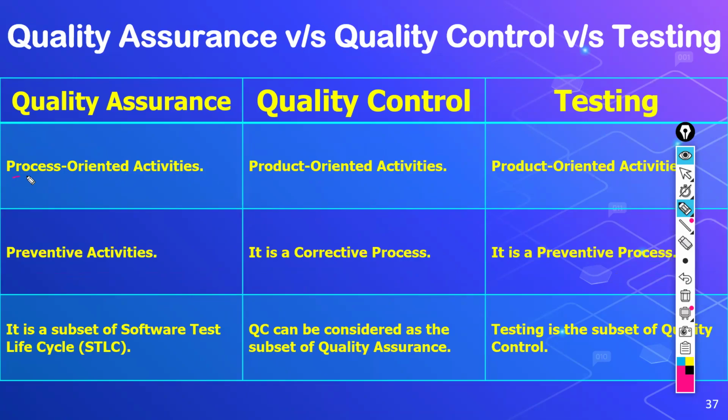But primarily, if you'll see, here we have the process-oriented activity. Here we have product-oriented activities in these two. QA is a preventive activity. Testing is also preventive, but you make changes during the QC. And if you look at the hierarchy here, on top of that, as you can see, there will be SDLC, right?